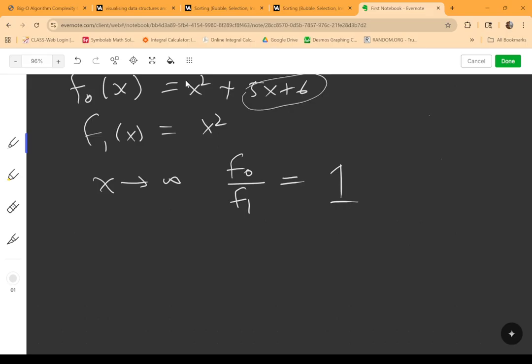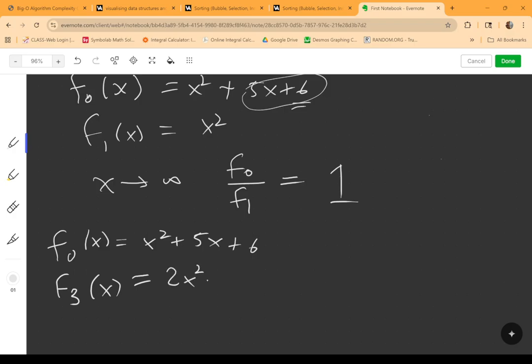So especially something like this, let's say we redefine it, so f0 will keep the same. And let's say f1, or we'll call it f3 now, we'll call that 2x squared plus 3x plus 4.